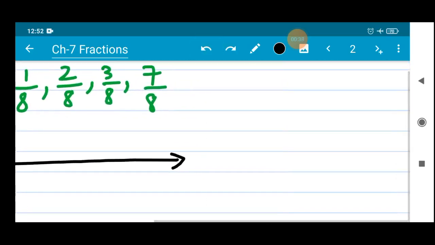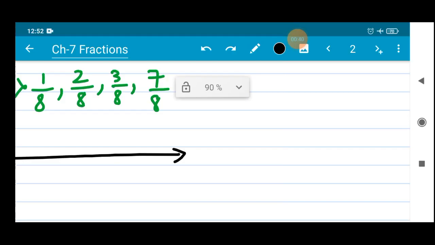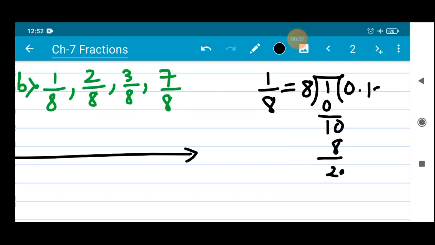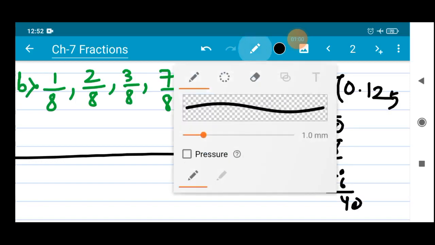So let us first convert 1 by 8 into decimal form. 8 into 1 is 8, then 8 twos are 16, and so on, so 1 by 8 means 0.125.